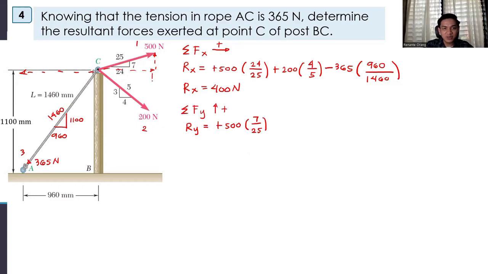Next is this force which is going downward, so that is negative 200 multiplied by our 3 kasi nakatayo siya, divided by our hypotenuse 5. Last one is this force which is going downward, so that is negative 365 multiplied by its rise, which is 1,100 kasi nakatayo siya, divided by our hypotenuse 1,460.